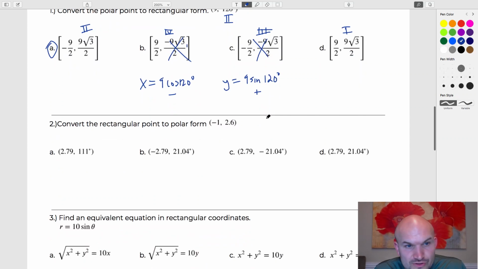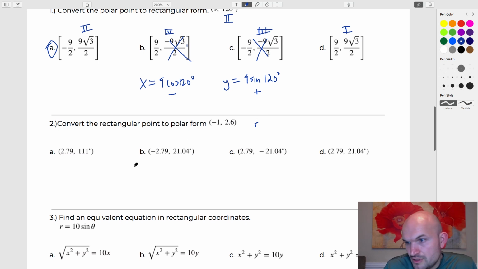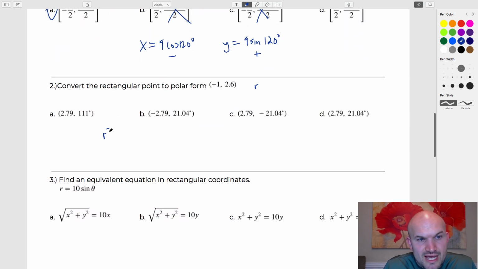So the next one is convert the rectangular point to polar form when we're given negative 1, 2.6. So again, this is a rectangular point. Remember what we just talked about: r squared is equal to x squared plus y squared. So r squared is equal to negative 1 squared plus 2.6 squared.